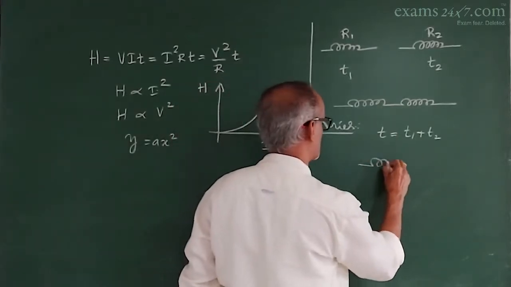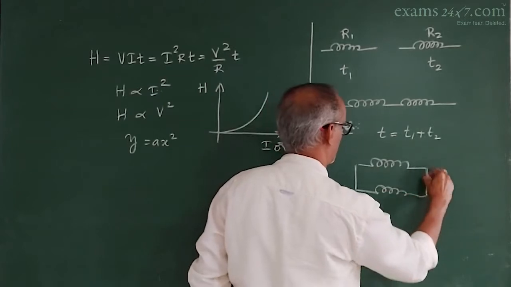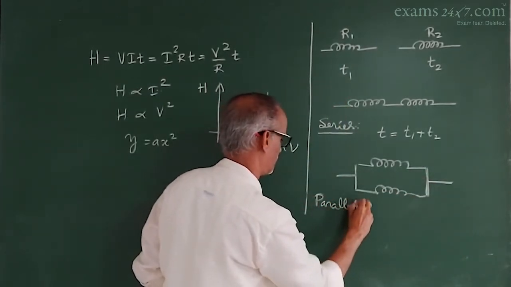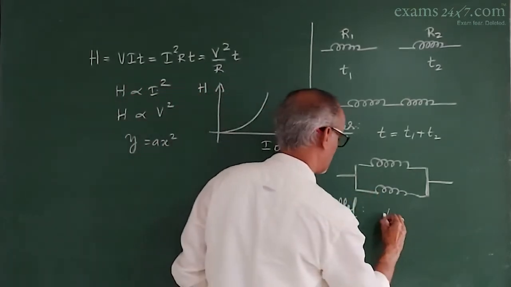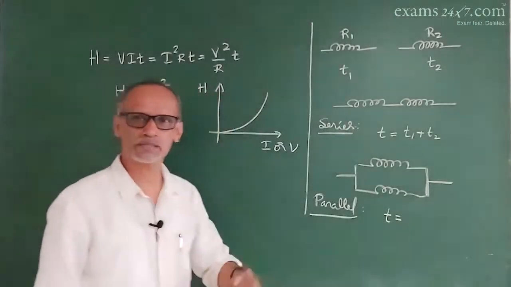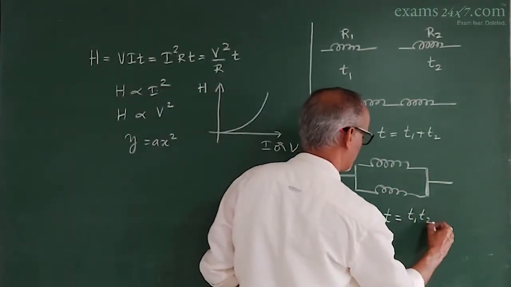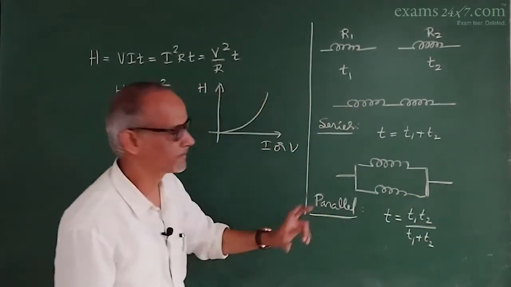Now if these two coils are connected in parallel, then the time taken will be lesser than the series combination, and t is equal to t1 t2 by t1 plus t2.